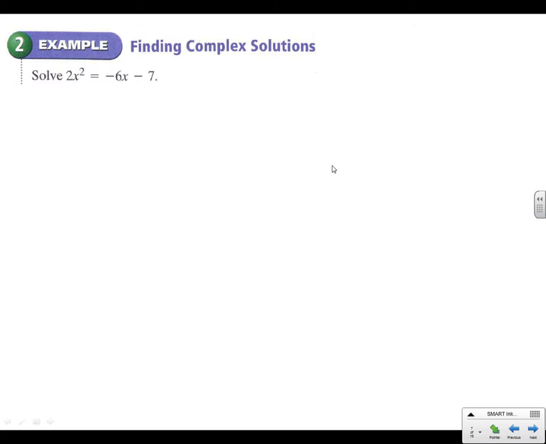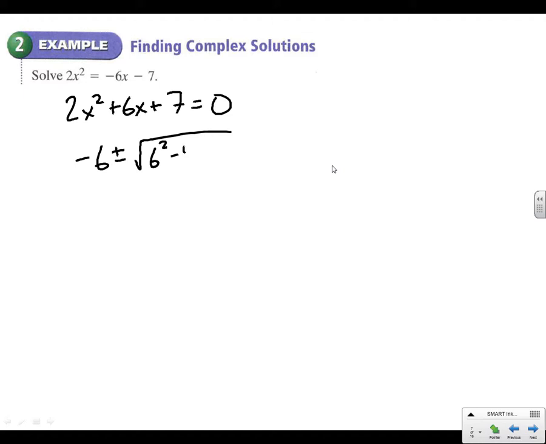Alright, so complex solutions, we're going to get square roots of negatives. That's okay. We can handle that. Let's do it. 2x squared plus 6x plus 7, bringing it over so that we have 0 on one side. Negative b plus or minus the square root of b squared minus 4ac, all over 2a.